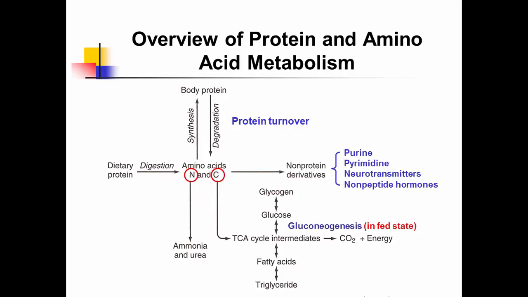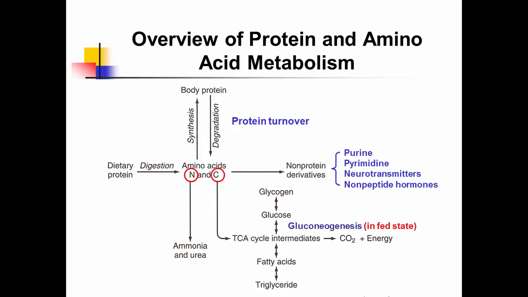Let me try to repeat again. The TCA cycle is a very important pathway that is involved in the conversion of amino acids to glucose or fatty acids.